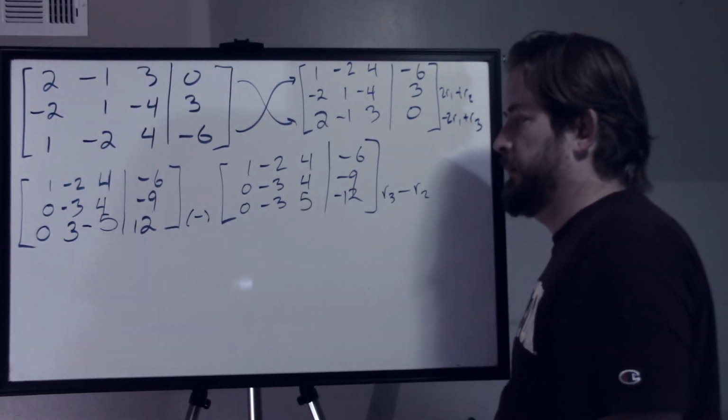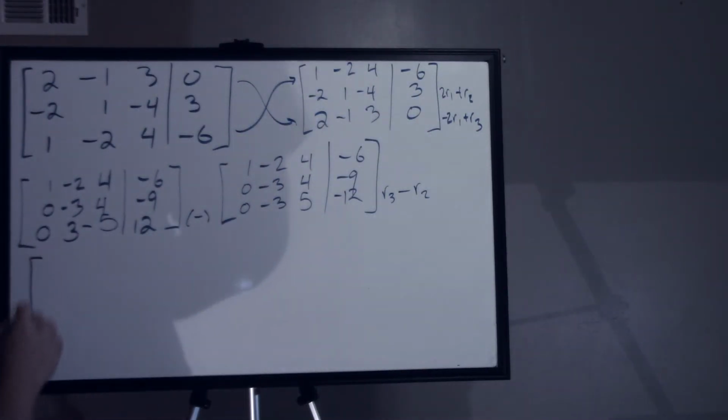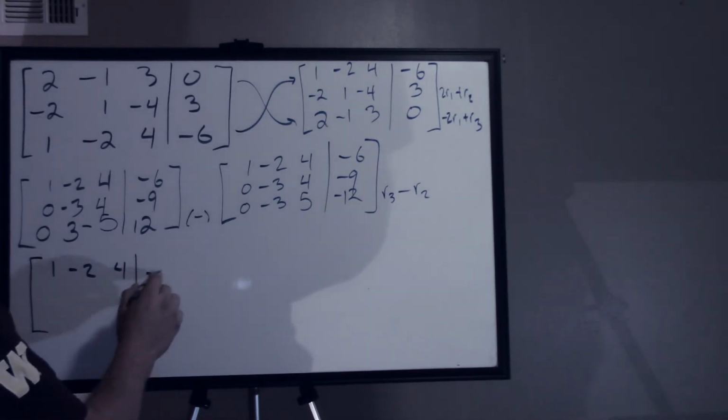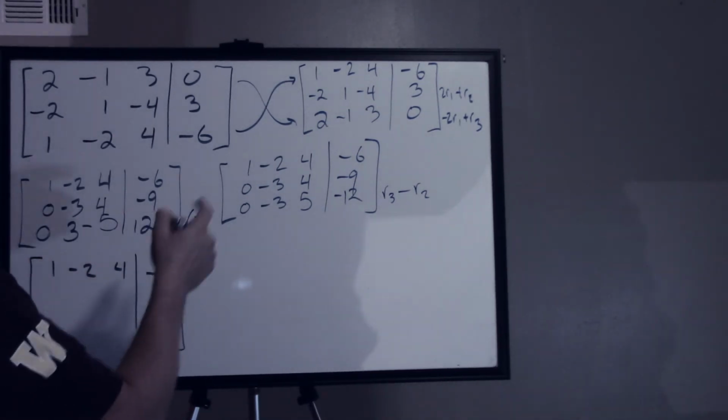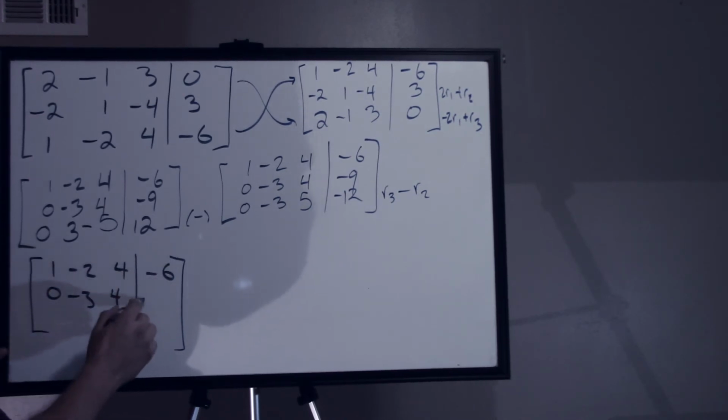Right. So, row 1 is not being affected. I still have 1, negative 2, 4, negative 6. Row 2 is not being affected, so I still have 0, -3, 4, -9.